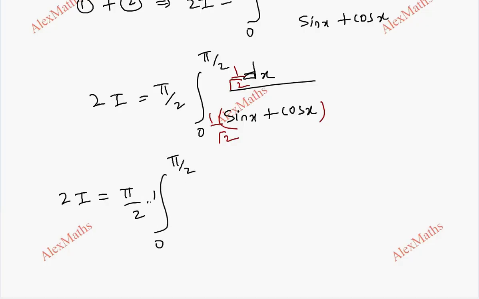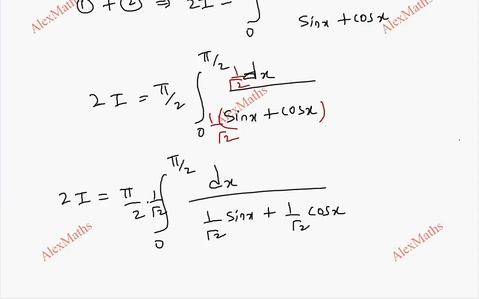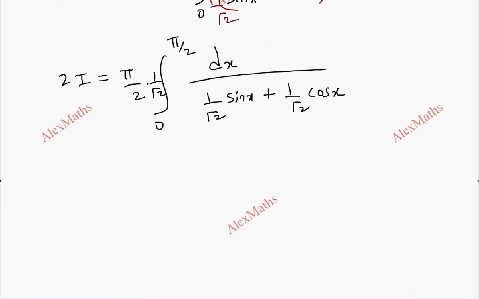This numerator 1 by root 2 we keep it outside, and in the denominator we take 1 by root 2 sin x plus 1 by root 2 cos x. Now I am going to further rewrite the denominator.